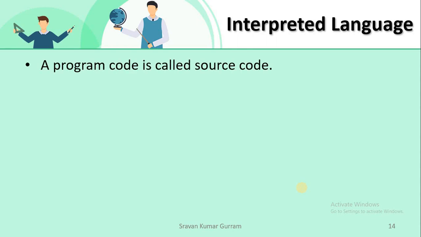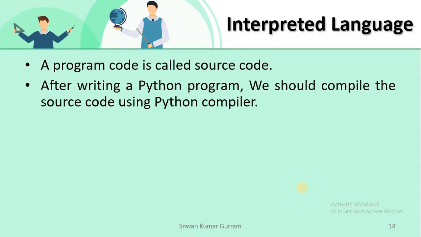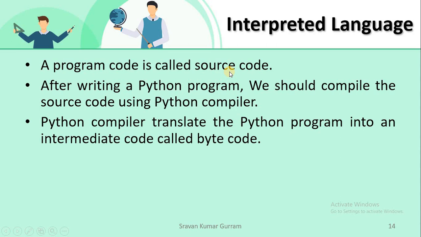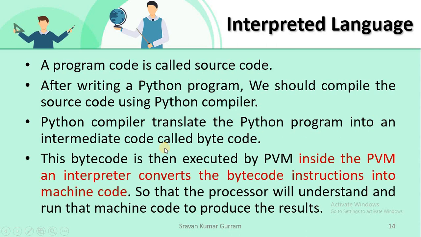The next feature is interpreted language. A program code is called source code. What is the program we developed? Generally that is called source code. After writing a Python program, we should compile the source code using the Python compiler. We have several stages in the execution of Python. I will show you that in the next slide. The Python compiler translates the Python program into intermediate code called bytecode.